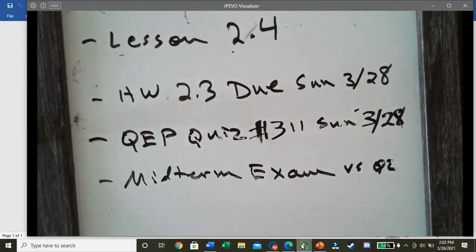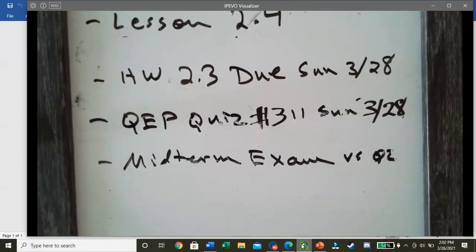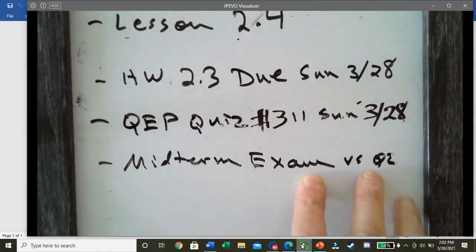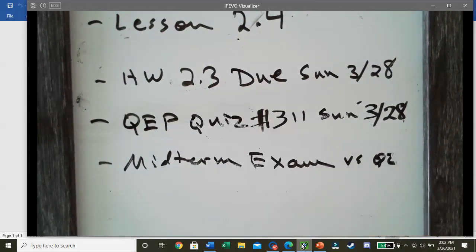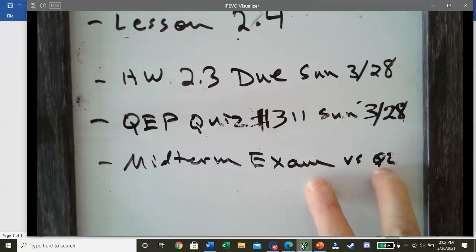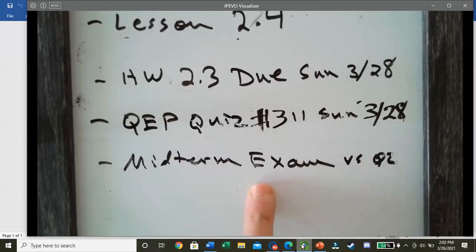So that's due on Sunday. Okay, another concern is the midterm exam. There's a midterm quiz that was optional, you didn't have to take the quiz, but you do have to take the midterm exam. Some people took the quiz, but they didn't take the exam. You've got to make sure that you took the midterm exam.